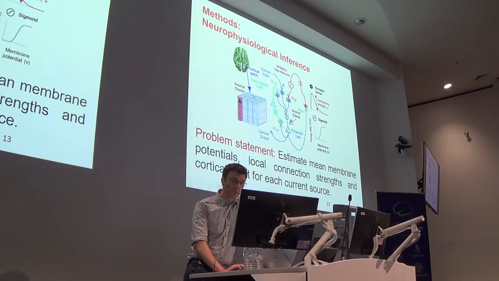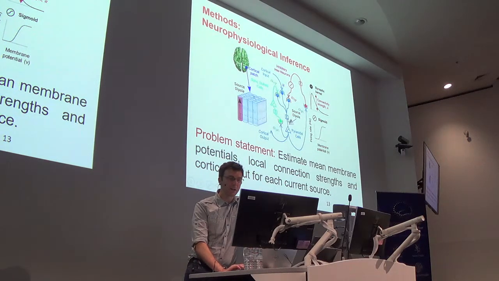So for each population, the inputs are processed by a postsynaptic potential kernel, and then they sum to give you a mean membrane potential for a given population, and then the output is the membrane potential passed through a sigmoidal rate function.